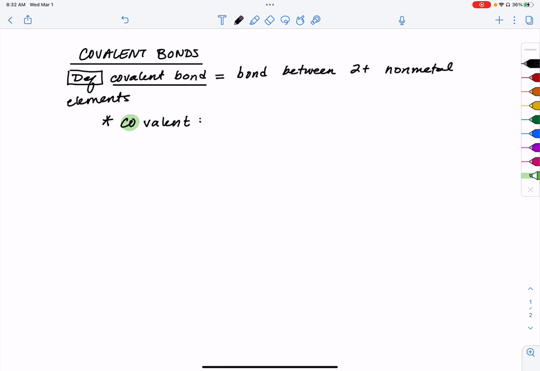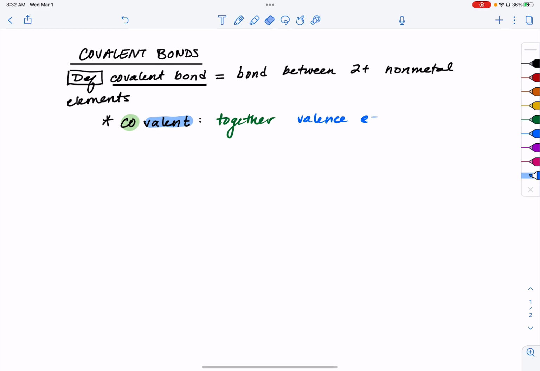Now, in the case of ionic bonding, the valence electrons were donated or accepted. That's what allowed us to become a cation and an anion, respectively. So co- now means together, like if you're going to co-parent or coordinate or cooperate. And valence, this is referring to our valence electrons.